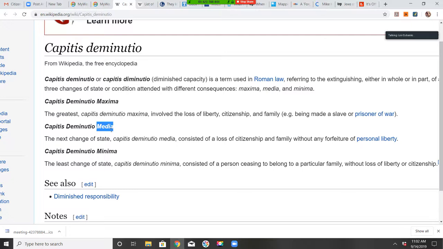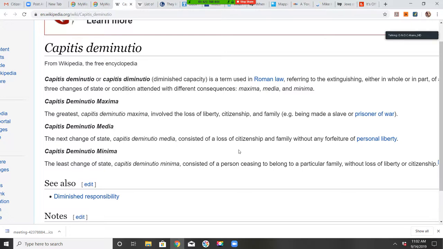Excuse me, where it says there in the media definition, loss of citizenship and family? Back in Rome, family name was big. Family name almost meant status too. So watch this. In America you got whites, the citizens, but then you got whites that got prestigious names, the Bushes, the this, the that.